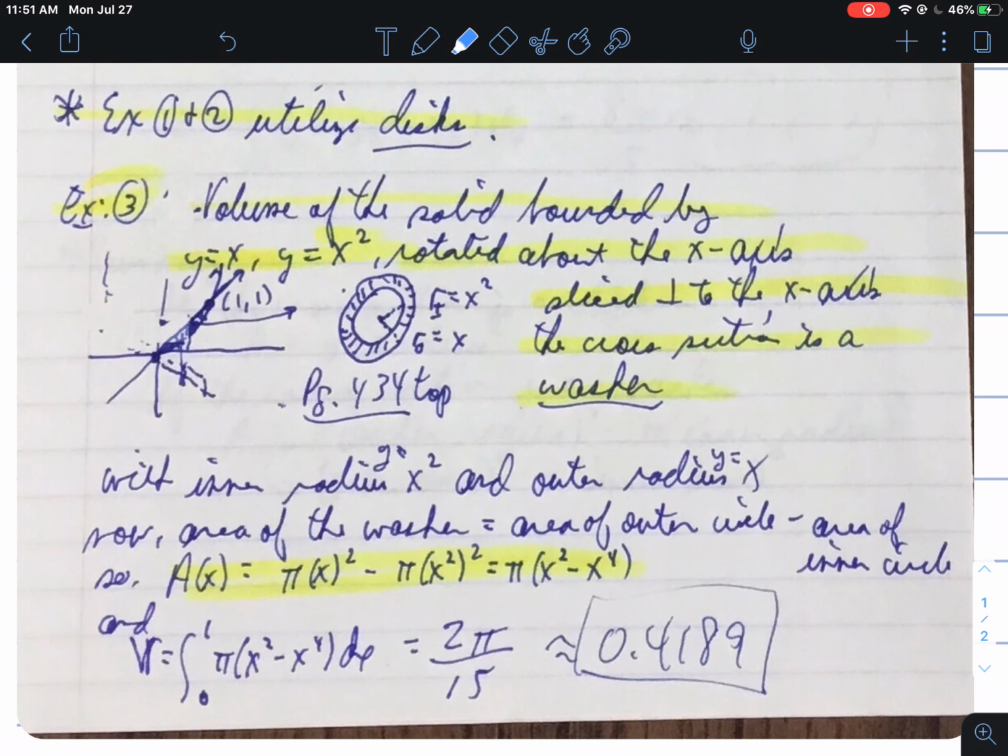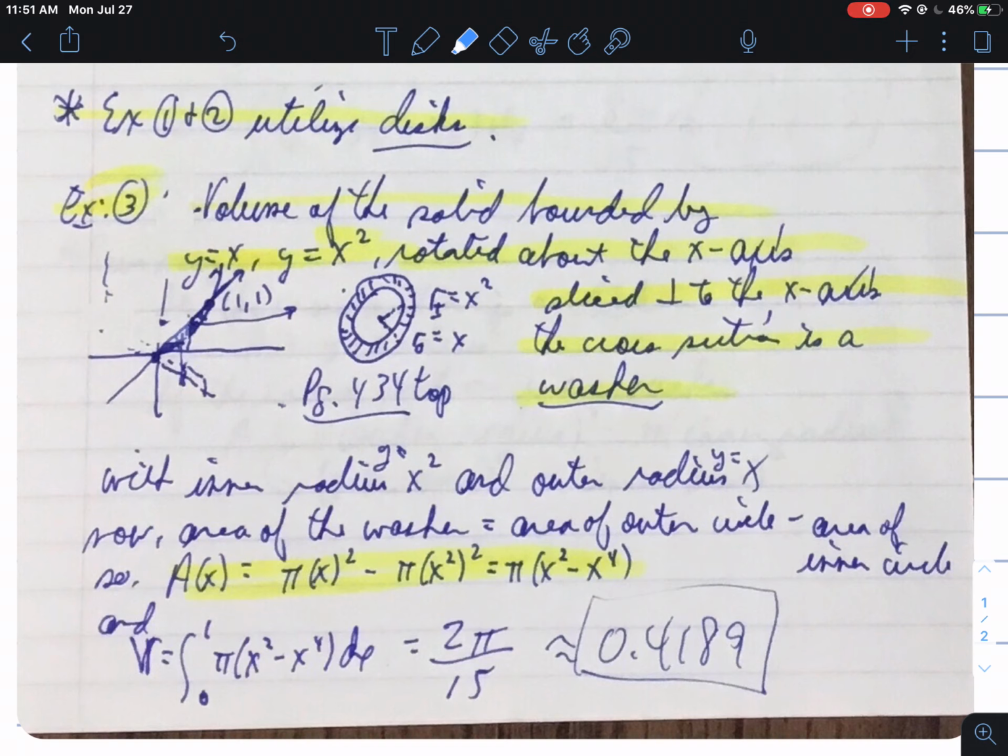Notice in this case, I'm looking for the volume of the solid bounded by the curves y equals x and y equals x squared, and we're rotating that about the x-axis. So now we're dealing with the same idea as finding the area between two curves, where we have an upper and lower curve and we took the difference between the two. So here, if I'm looking for the volume of a solid that's enclosed between those two curves, now there's an outer curve and an inner curve.